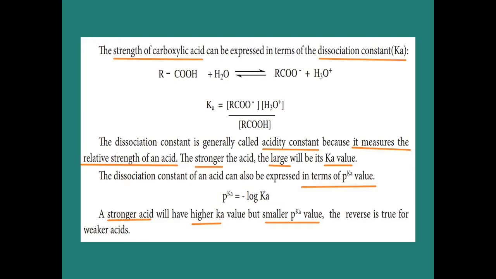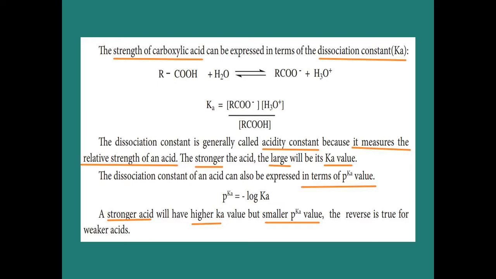This dissociation constant's other name is acidity constant, because it measures the relative strength of an acid. The stronger the acid, the higher the Ka value. Now we can express this in terms of the pKa value. What does pKa mean? Minus log of Ka is called pKa.